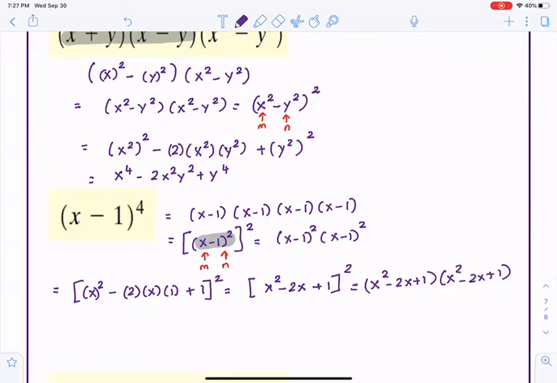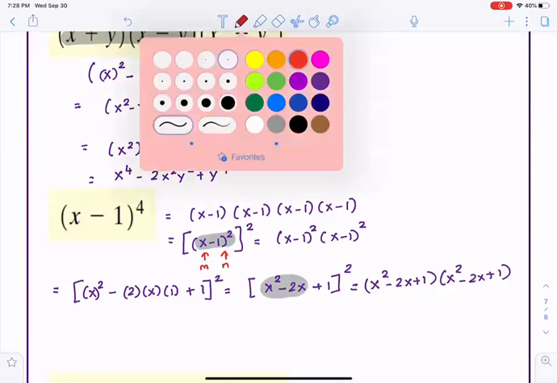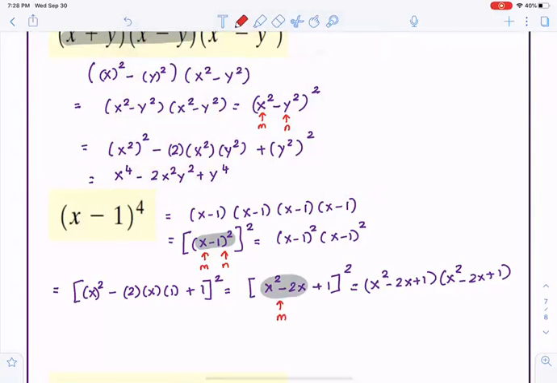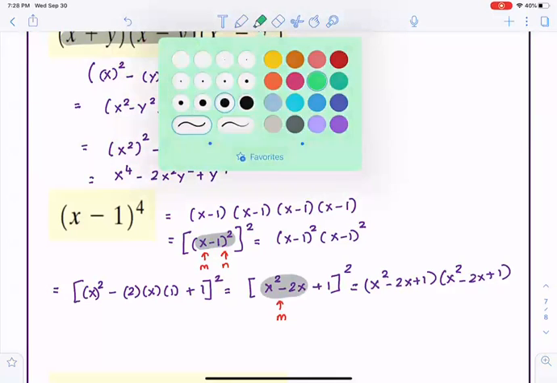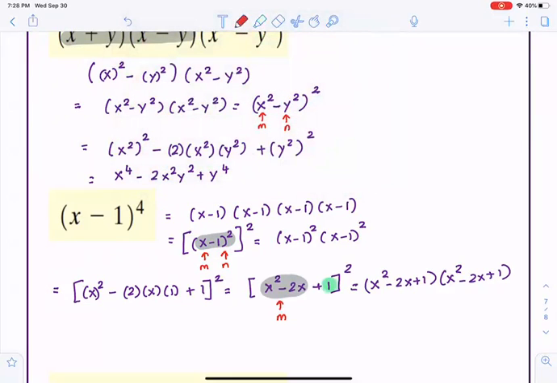You are more than welcome to do that. But here, I'm going to use a special product to demonstrate how sometimes life could get easier. So I'm going to call all of that m, and the 1 n.